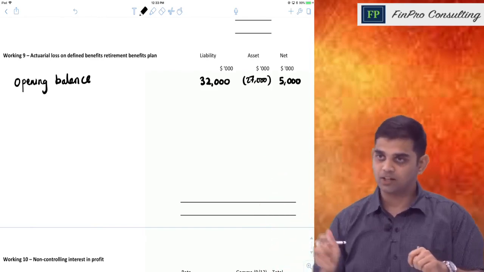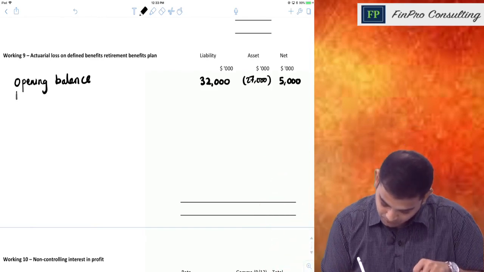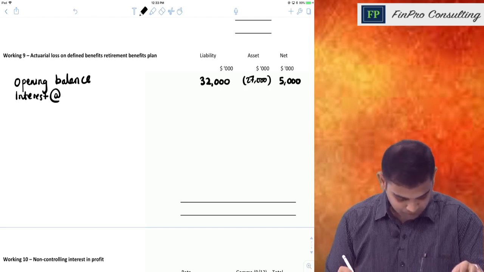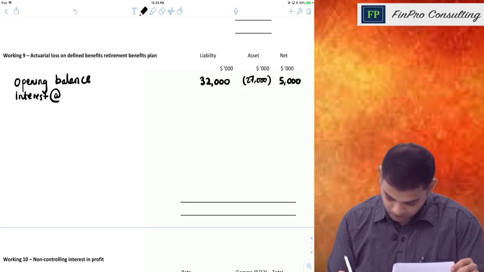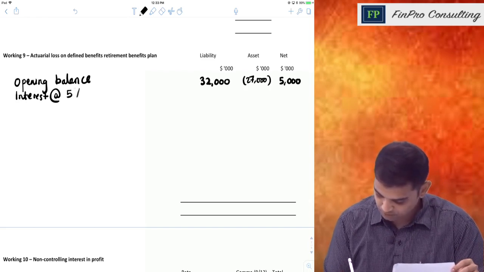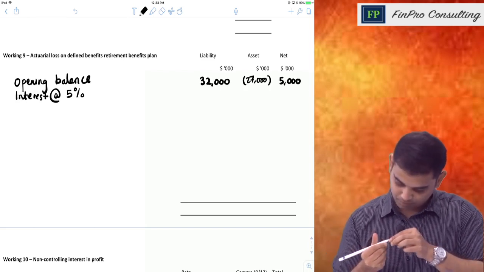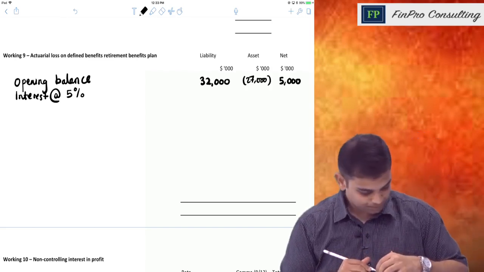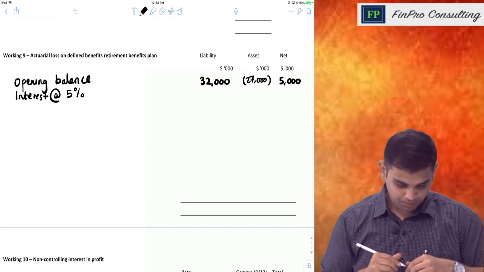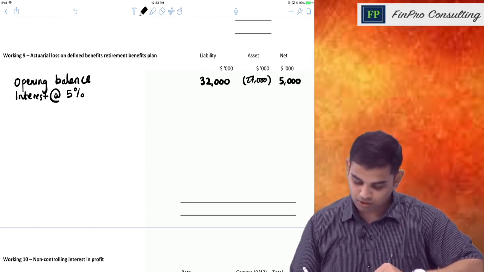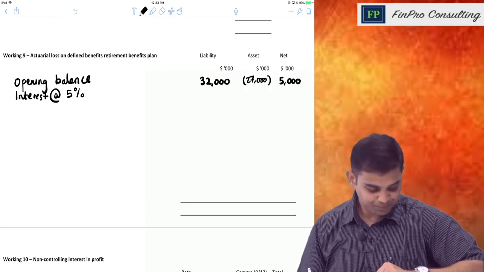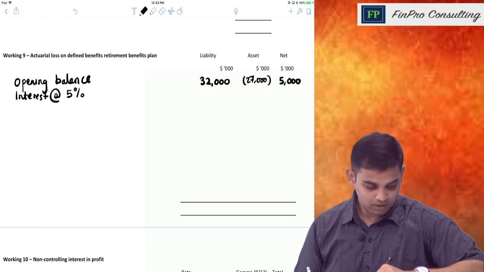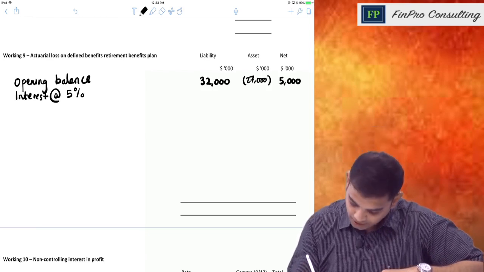So directly I will calculate the interest at the rate of, what is the interest rate? 5%. Calculate for the entire year. On 32,000 at the rate of 5%, what is the amount? 1,600.